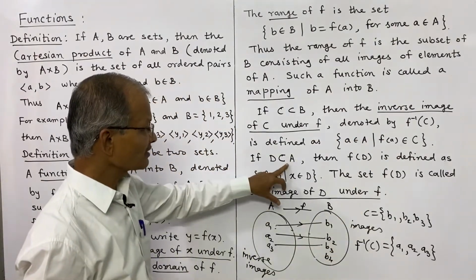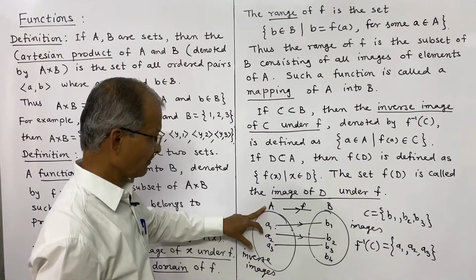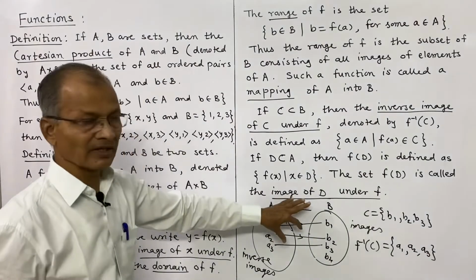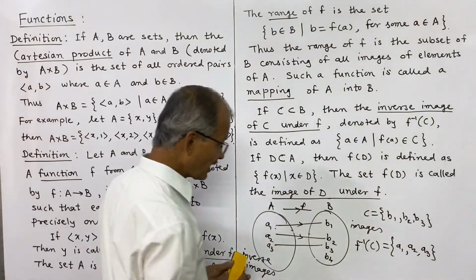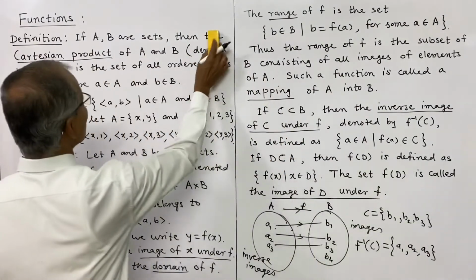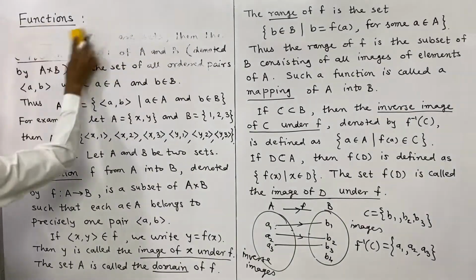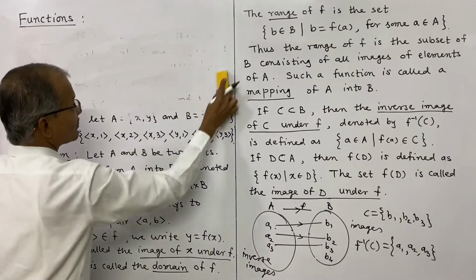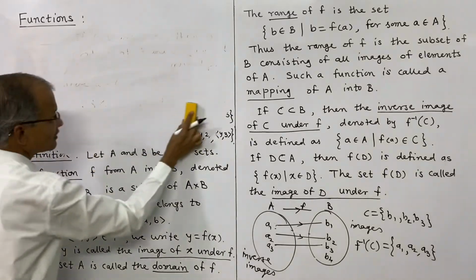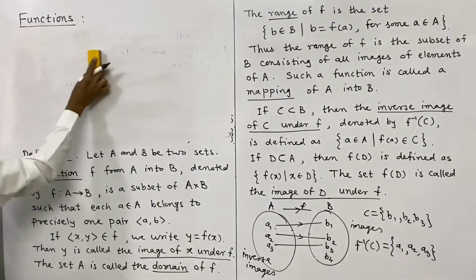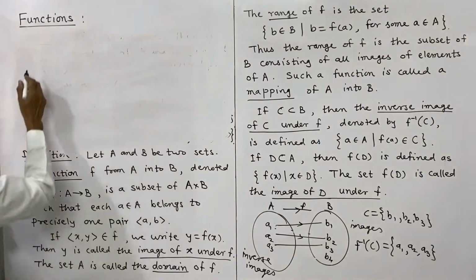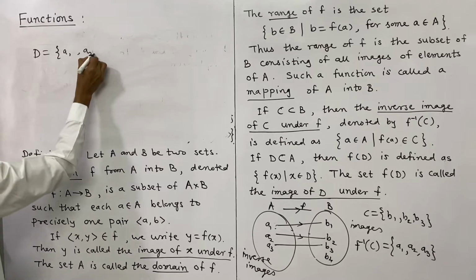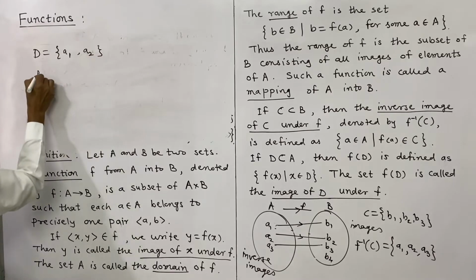Likewise, if D is a subset of A, the set f(D) is called the image of D under f. So if I consider D as, suppose D is equal to {a1, a2}, then what will be f(D)?